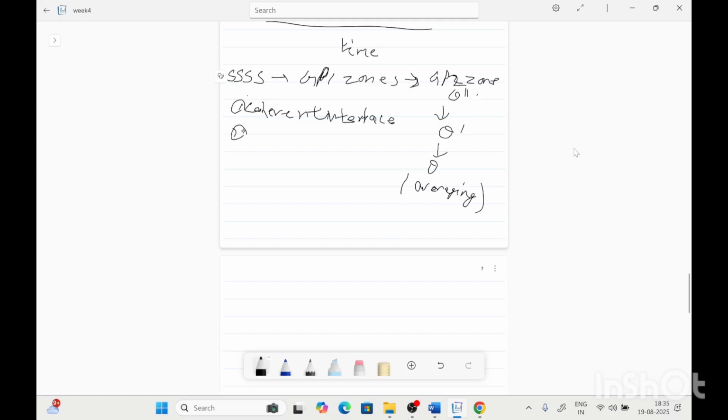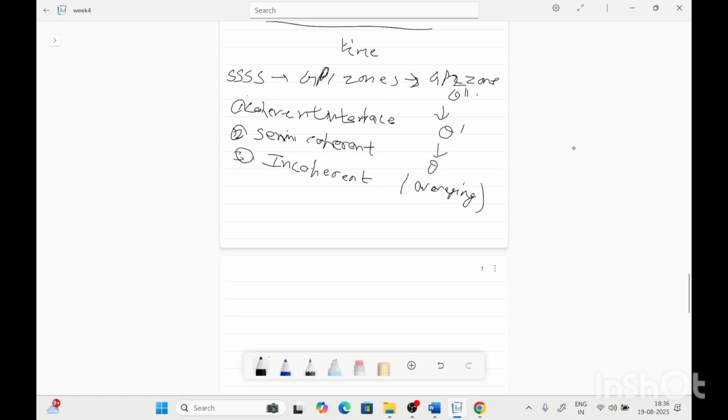Second is the semi-coherent interface. And third is the incoherent interface. So what is the difference between these three interfaces?